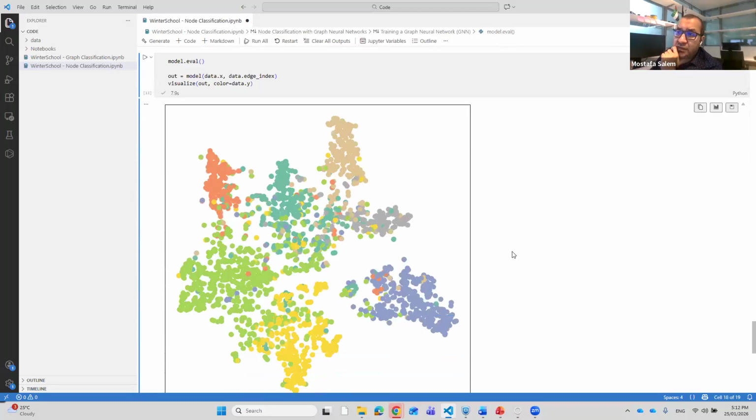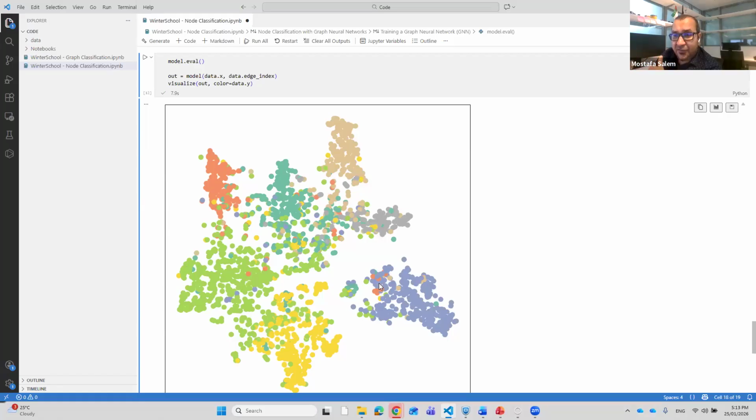So the GNN learned and put the embeddings of the brown nodes in the same cluster. It also put the embeddings of the green nodes in the same cluster, the embeddings of the yellow nodes in the same cluster, and so it could learn something from the embeddings and differentiate the different classes from each other.